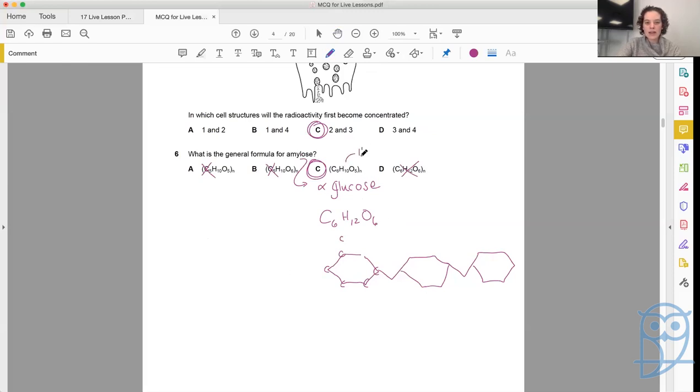You've lost an H2O. And now you should be smiling broadly because you know that a condensation reaction removes H2O. So now you are happy with your answer, that the general formula for amylose is C6H10O5 with an n. Even though it's not something you specifically studied, you can use the information that you've learned to figure out the question.